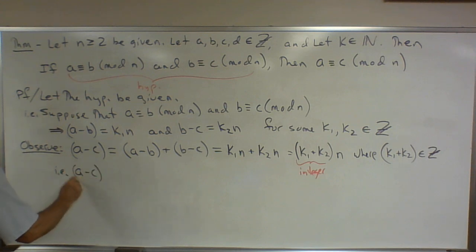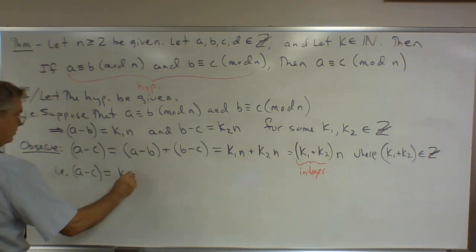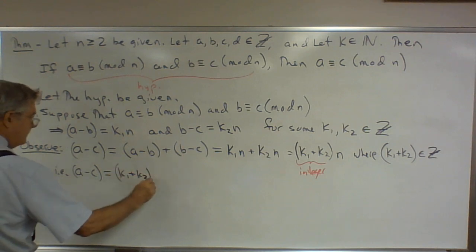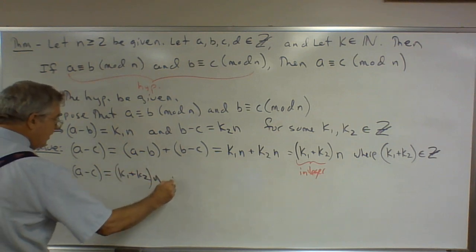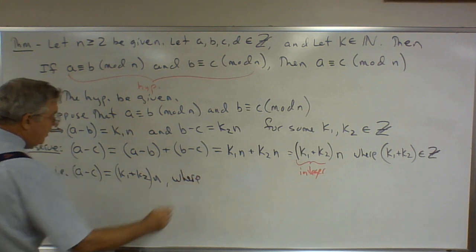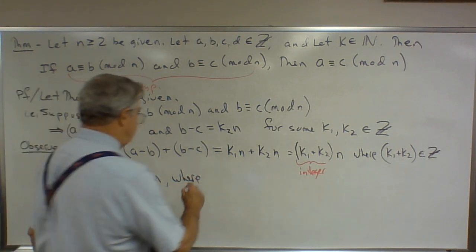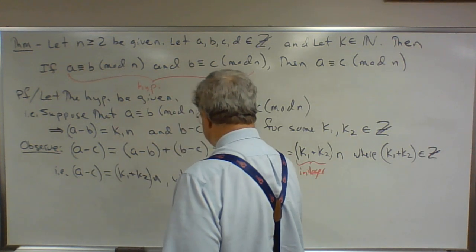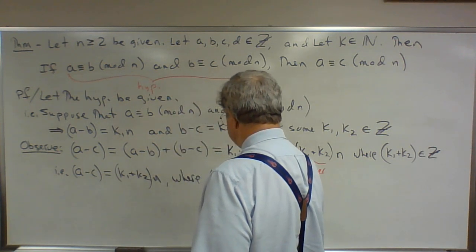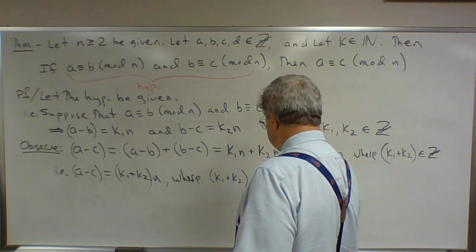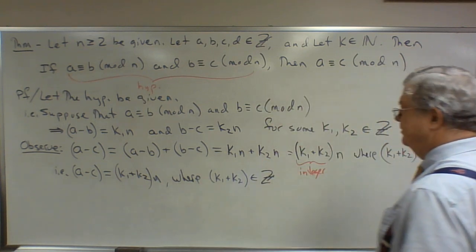A minus C is equal to K1 plus K2 times n, where K1 plus K2 is an integer.